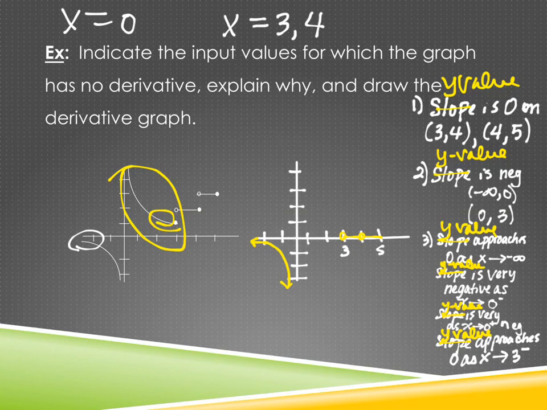And it says that as x is approaching 0, that means parts of the graph that are near the y-axis, around here, the graph is very, very negative sloped, which means it's going to look like this. And as the graph approaches 3, the slopes approach 0.